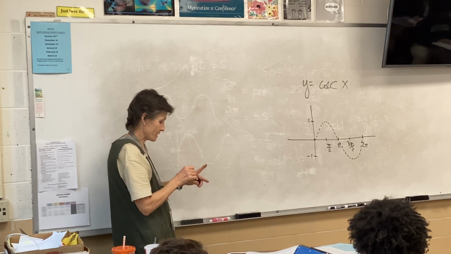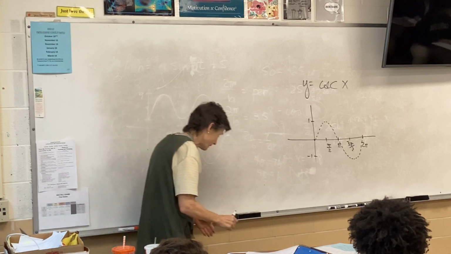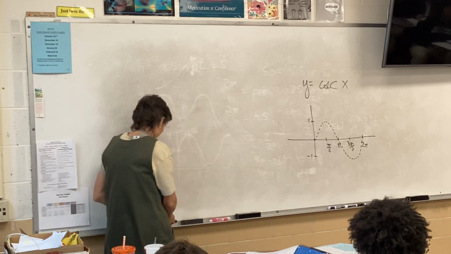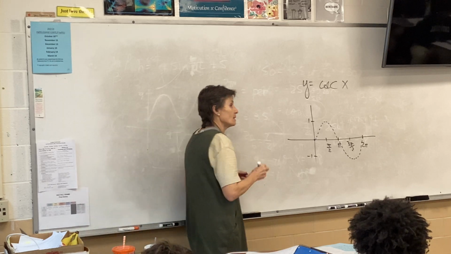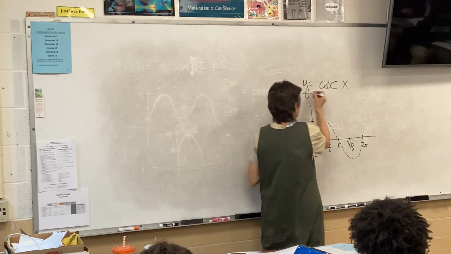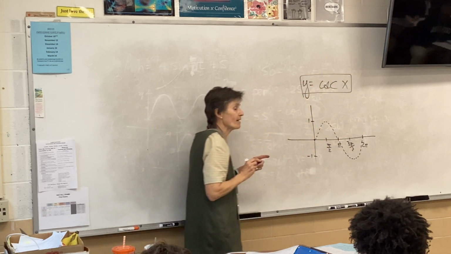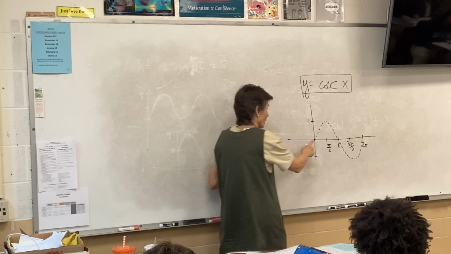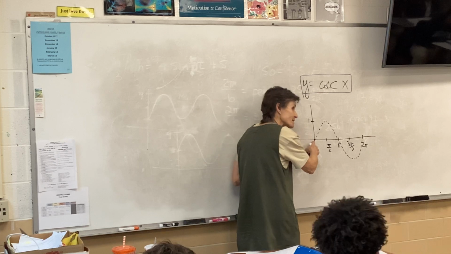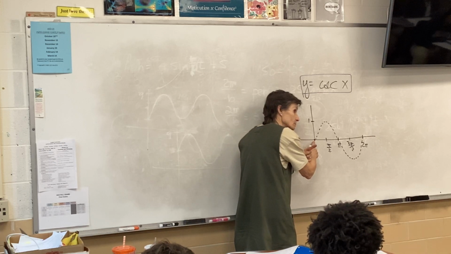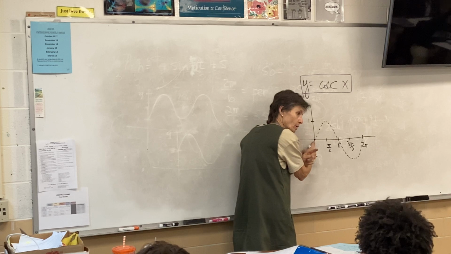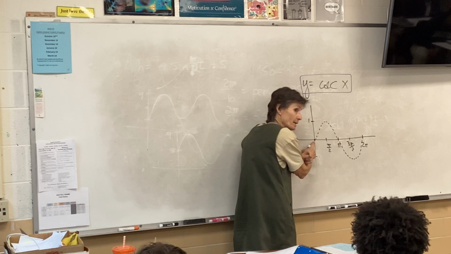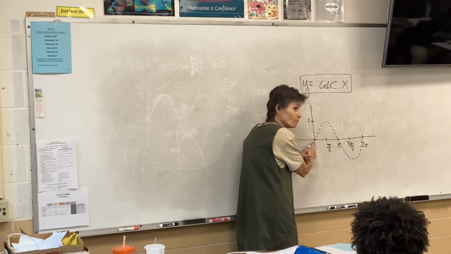You just told me that the cosecant is the reciprocal of the sine. So what that means is the cosecant values, I'll do this in purple, are going to be the reciprocal values of the sine. I want you to look right here. The value of the sine is 0. What is the reciprocal of 0? Undefined. 1 over 0.